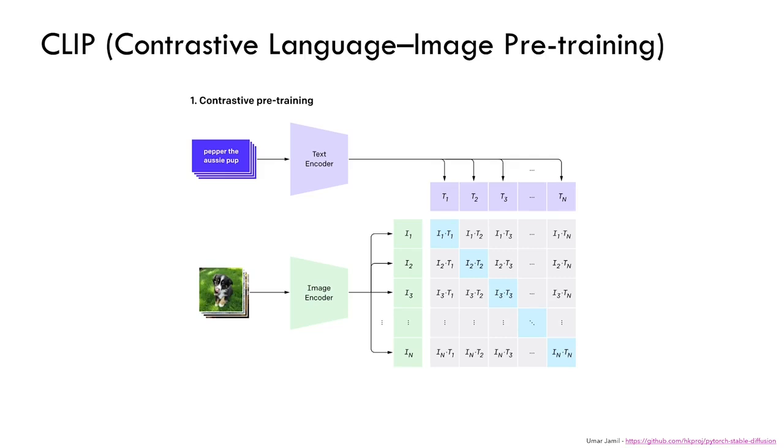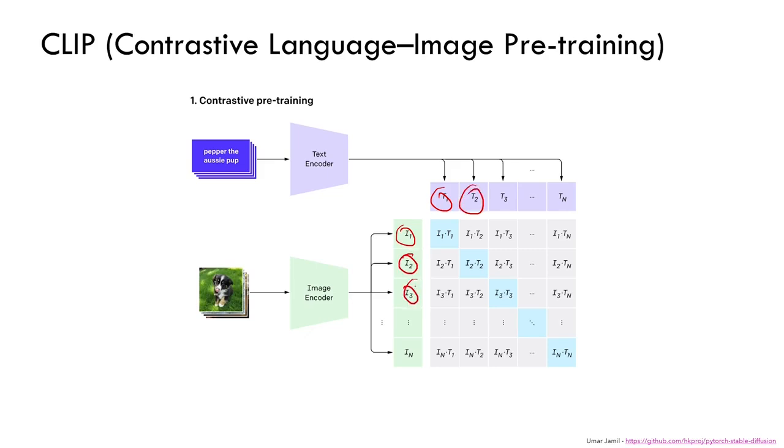And basically, they took a bunch of images. So for example, this picture and its description. Then they took another image along with its description. So the image 1 is associated with the text number 1, which is the description of the image 1. Then the image 2 has the description number 2.